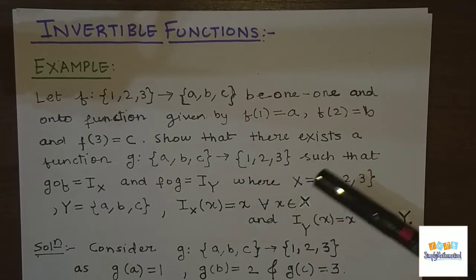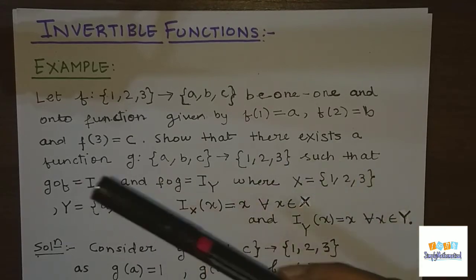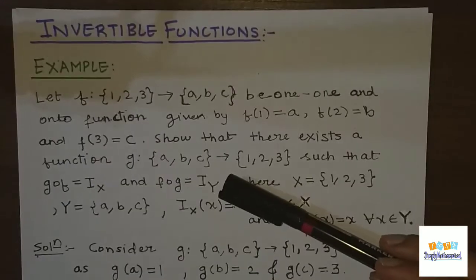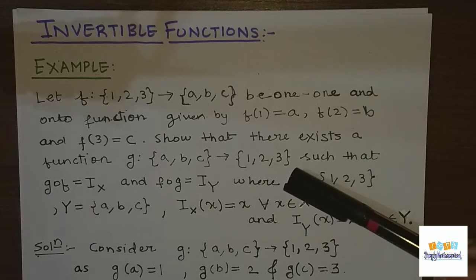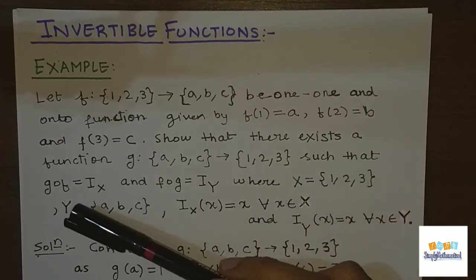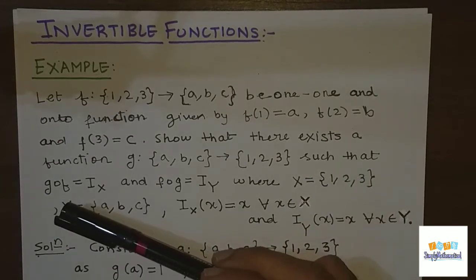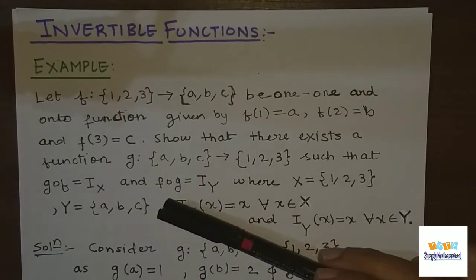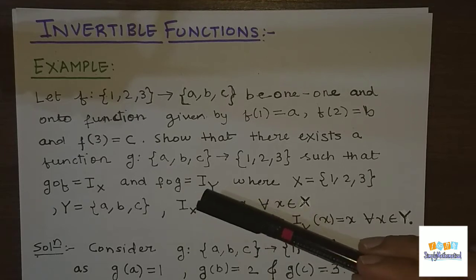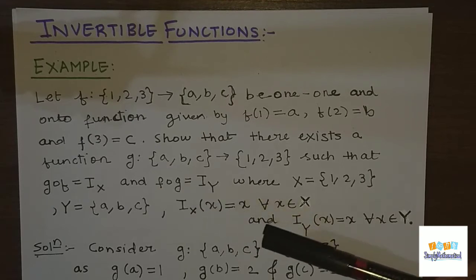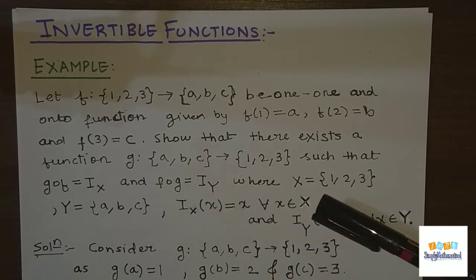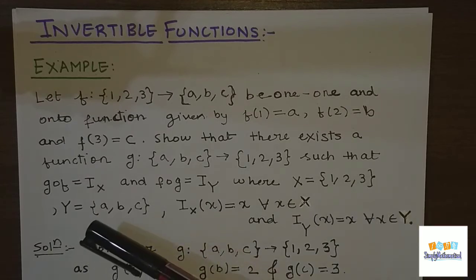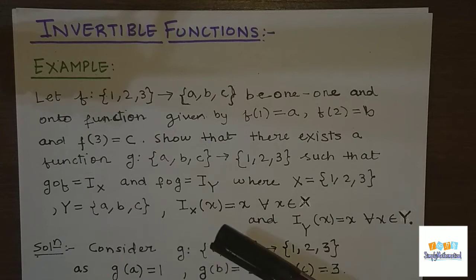Show that there exists a function g from the set {a, b, c} to the set {1, 2, 3} such that g composite f is equal to I suffix x and f composition g is equal to I suffix y, where x is equal to the set {1, 2, 3} and y is equal to the set {a, b, c}.